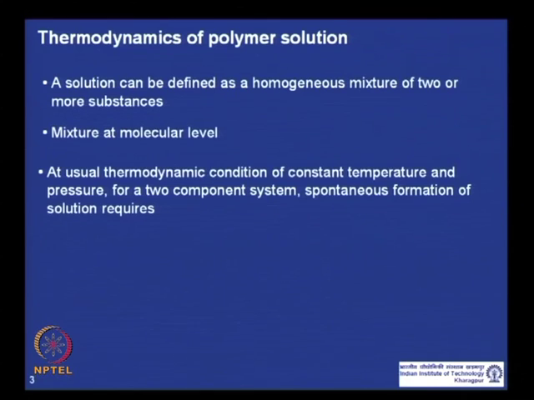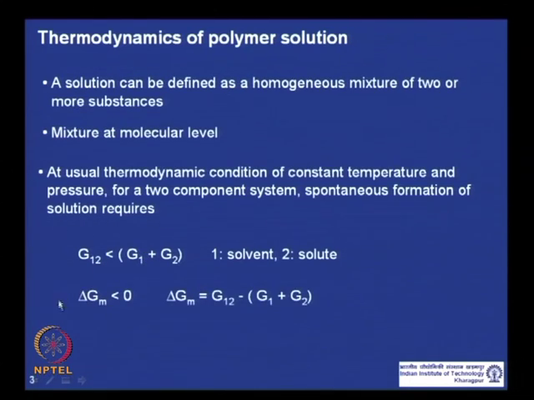spontaneous formation of a solution requires that the Gibbs free energy of the solution is lower than the sum of the Gibbs free energies of the solvent and the solute, G1 and G2. In other words, the Gibbs free energy of mixing, which is given by the difference between the Gibbs free energy of the solution or mixture and the sum of the individual Gibbs free energies of the solvent and solute, should be negative so that the solution can form spontaneously.